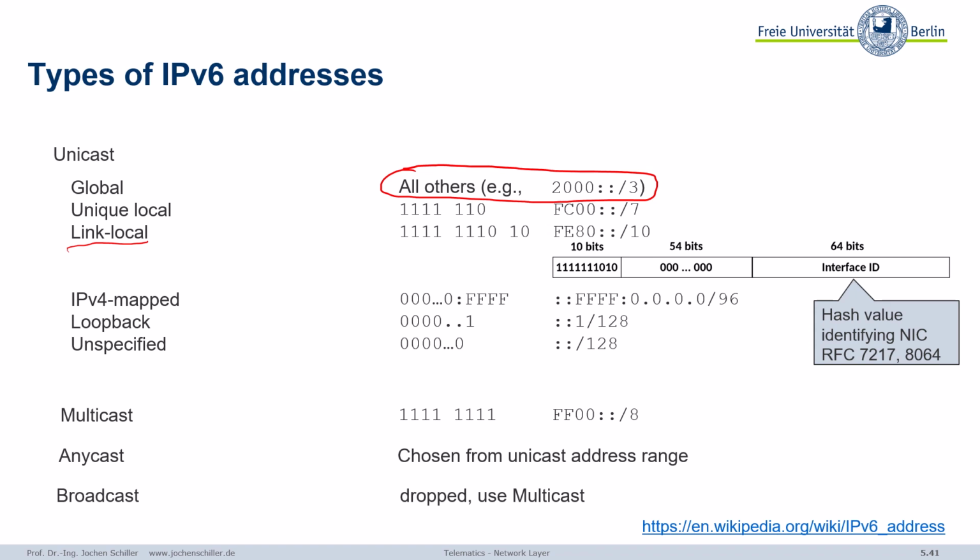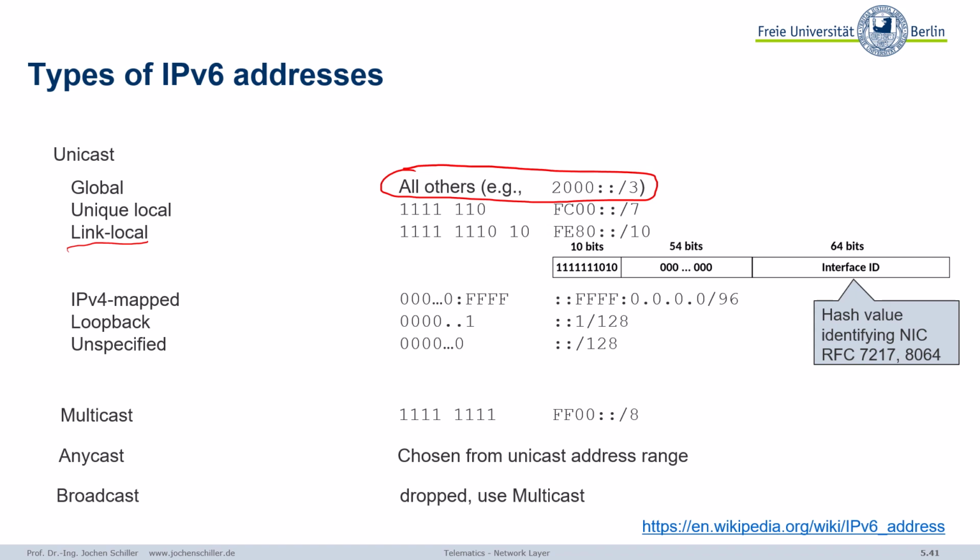That means they cannot use layer 3 protocols from the very beginning. They have to use some other tools, as we will see. But here with IPv6, we can immediately start. And the interface ID could be, for example, the MAC address, but today we use a hash value that identifies the network interface card so that we do not reveal MAC addresses.